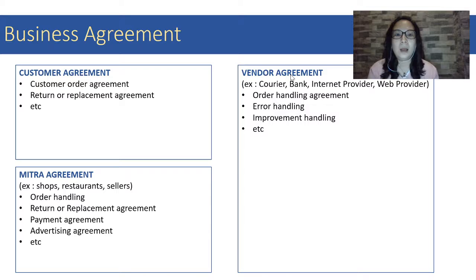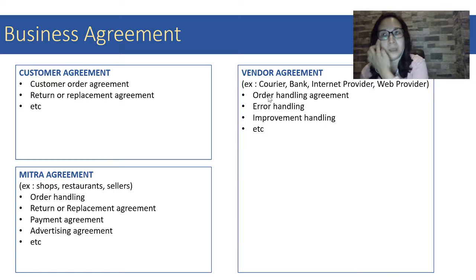Okay, the difference between mitra and vendor is that when you have a business with a vendor, you pay for the service as per the agreement, right? But for the mitra, usually we are not paying them, we actually charge them. So that's why it is different.